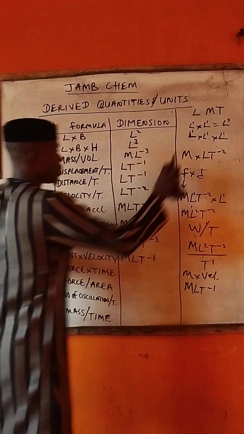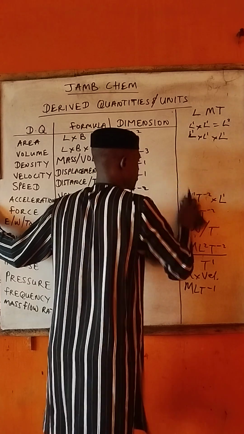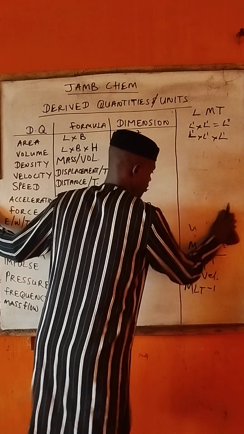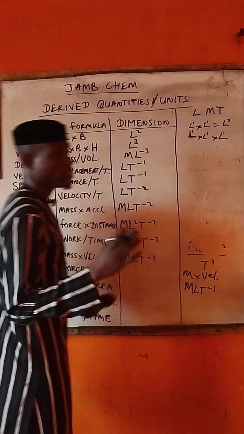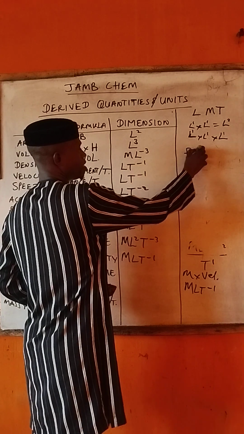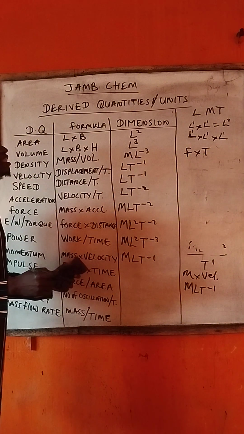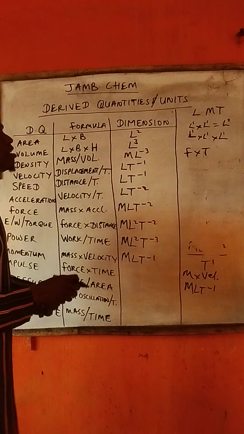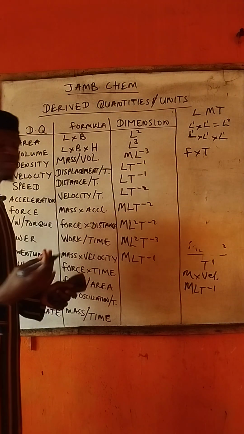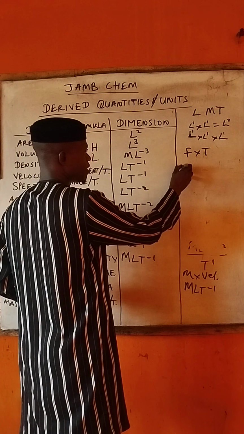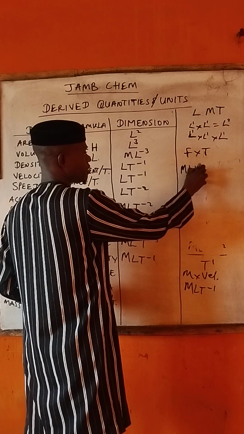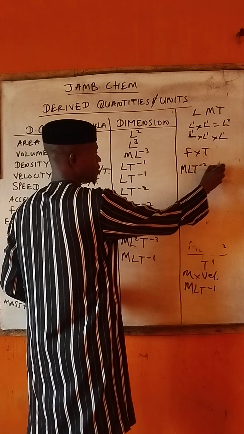I will show you now how. The impulse formula is force times time. So what is the dimension for force? We know force is mass times acceleration, so the force is MLT raised to minus 2, times time.